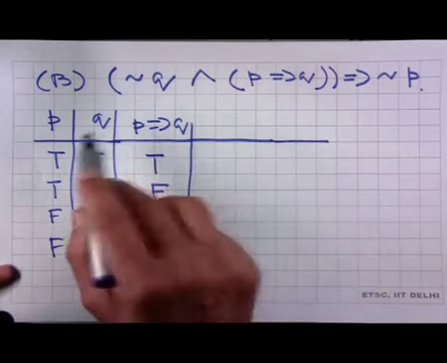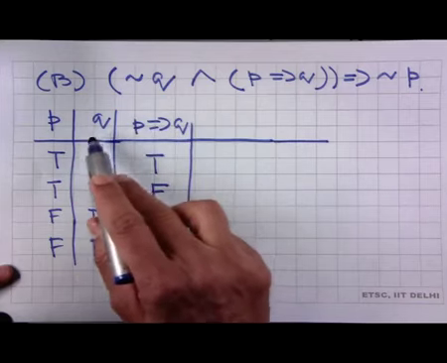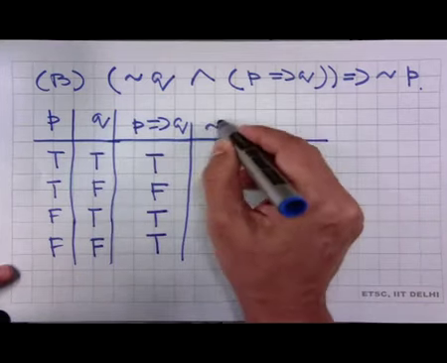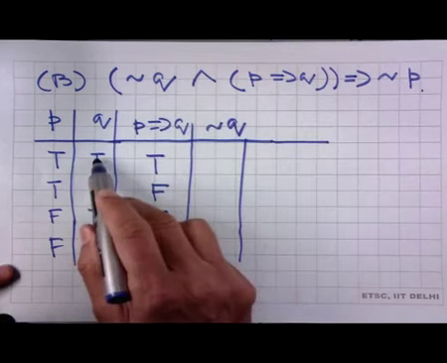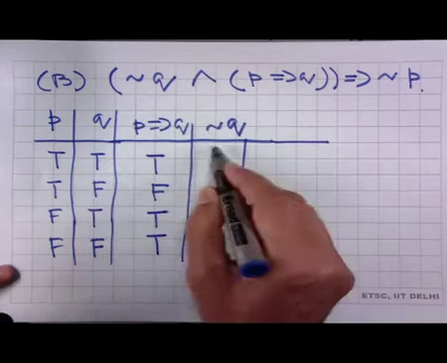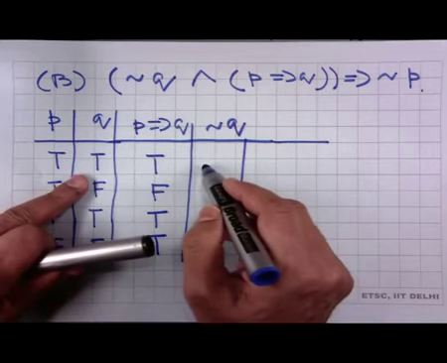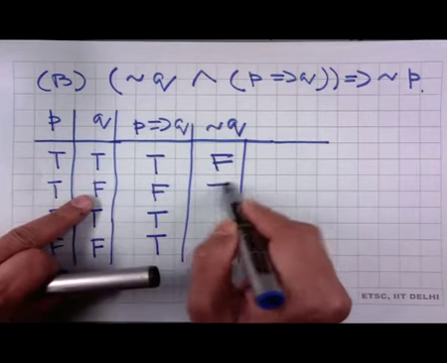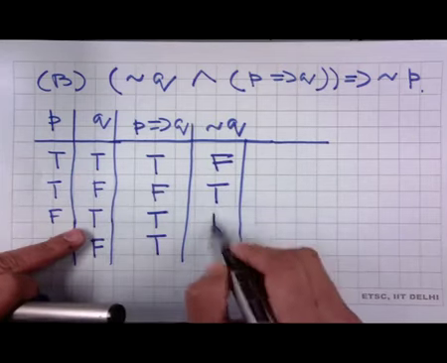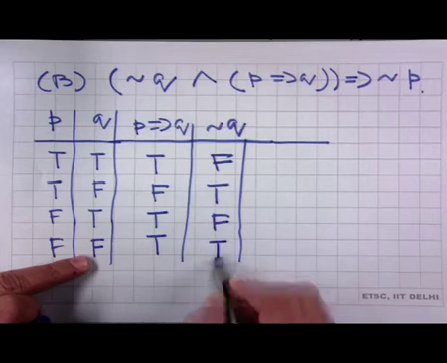Therefore, when we AND, before that let me write not Q. Not Q is the opposite of Q. So, since Q is true, true, false, false, not Q is false, true, false, true.